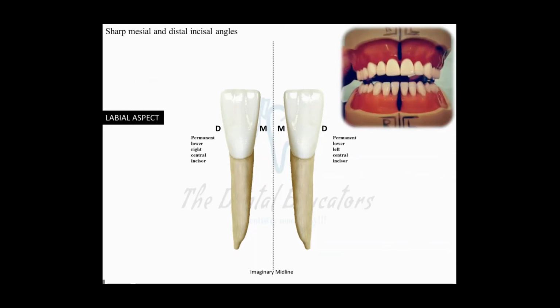Now when we look at the features on the labial aspect of the mandibular central incisors, it is said that the mesial and distal incisal angles are very sharp, or at 90 degrees, for both of the central incisors. So you can easily identify that the mesio-incisal angle of both lower right and left central incisors are quite sharp.